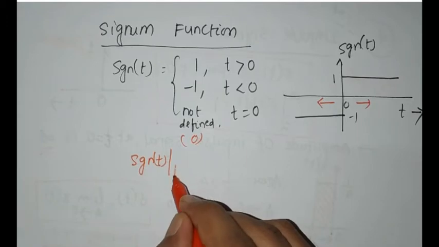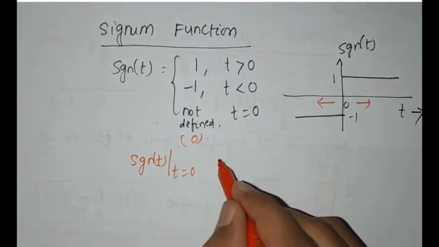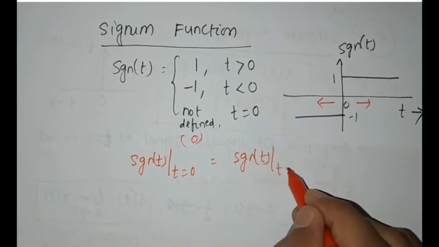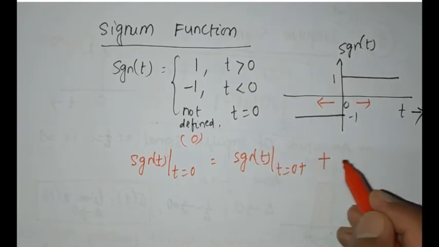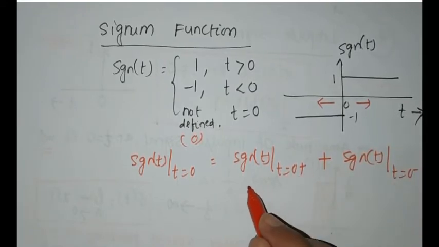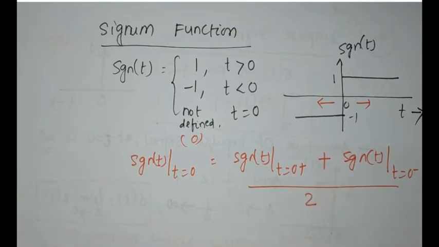The signum function at t equals 0 equals the signum function at 0 plus, and the signum function at 0 minus, divided by 2.